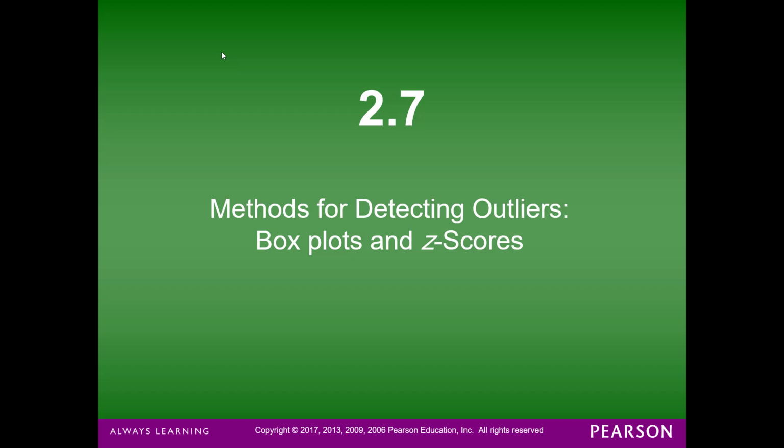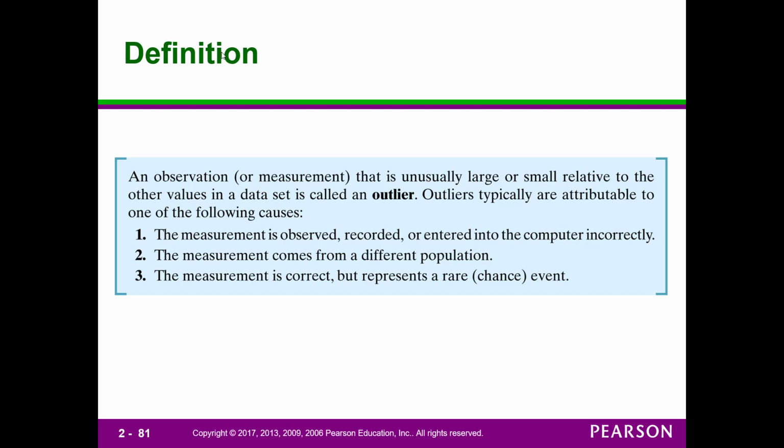An observation that is unusually large or small relative to the data values we want to describe is called an outlier. Again, an observation or measurement that is unusually large or small relative to the other values in a data set is called an outlier.